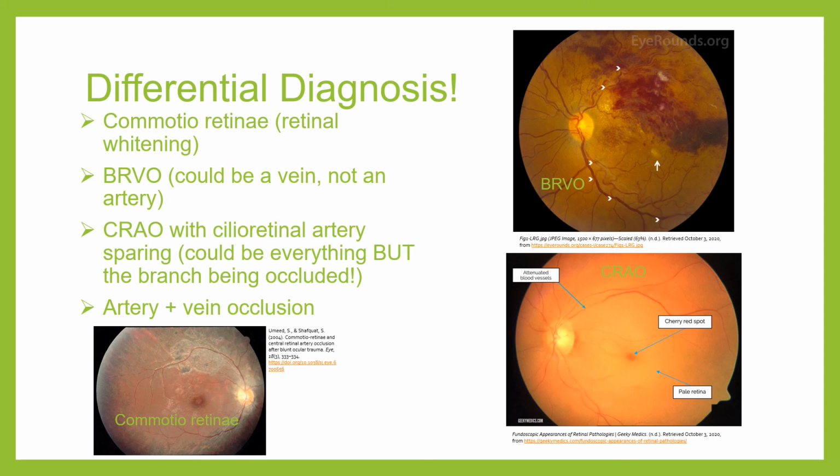Without the fluorescein angiogram, we could mistake the CRAO for a BRAO, and CRAO with branch artery sparing would be an exact opposite to the suspected BRAO. This is more of an urgent matter where everything except for that branch is occluded. Lastly, instead of just the artery, both the artery and the vein could be occluded.